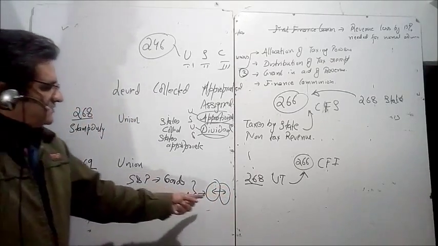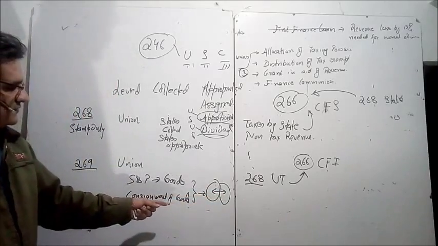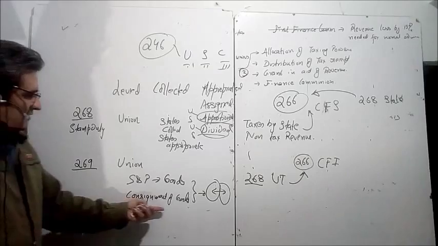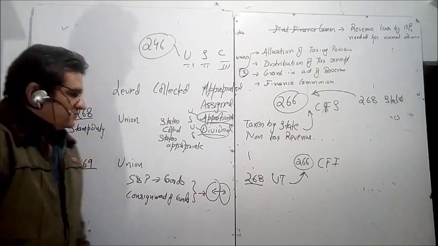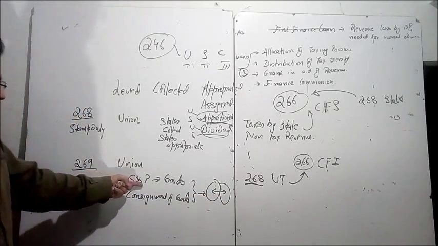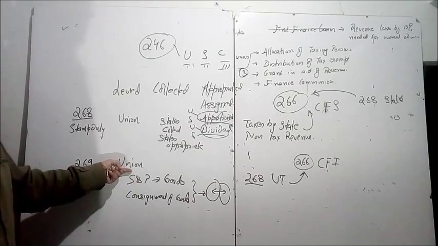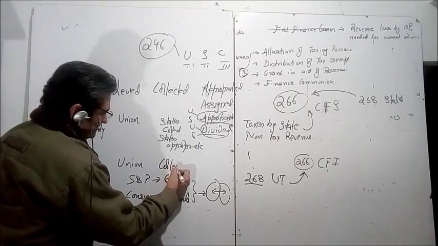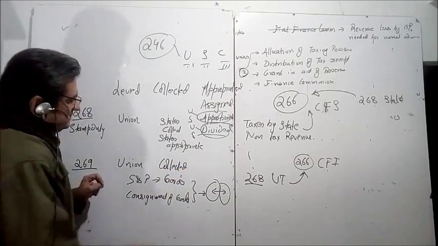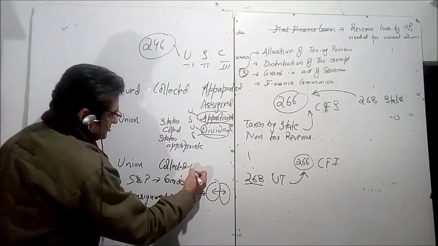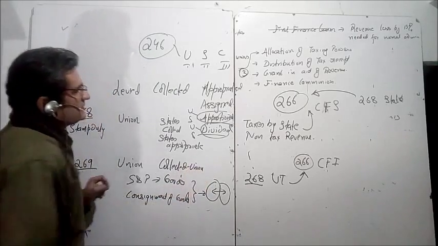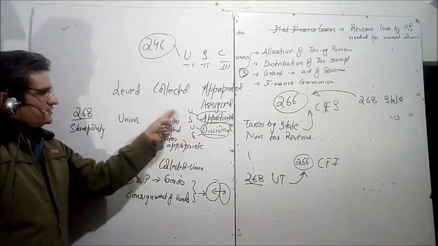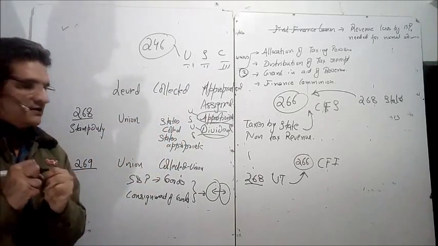So when sale and purchase is in between, it happens when the trade is there between two states, interstate trade and commerce, or consignment of goods is going from one state to another, this tax is levied by the union. It is in the union list. It is collected by union. So it is levied by union, collected by union, but here it was appropriated. Appropriated word because the states were themselves collecting, so they were appropriating it.